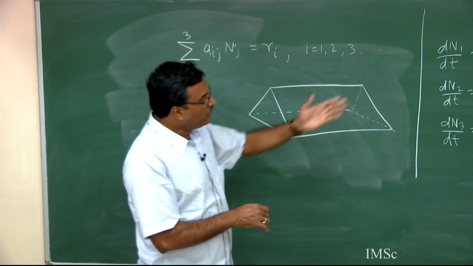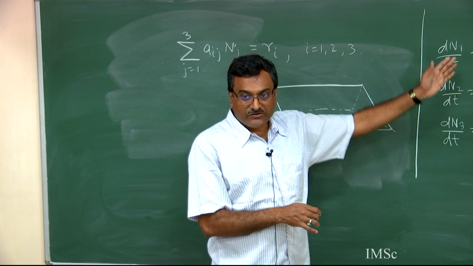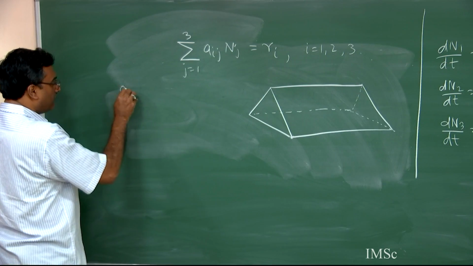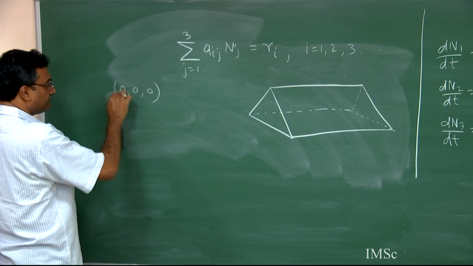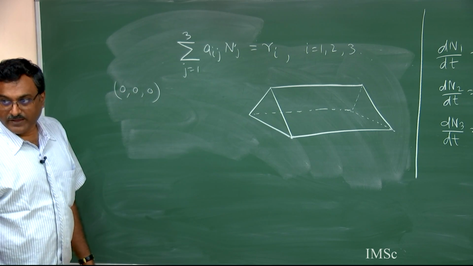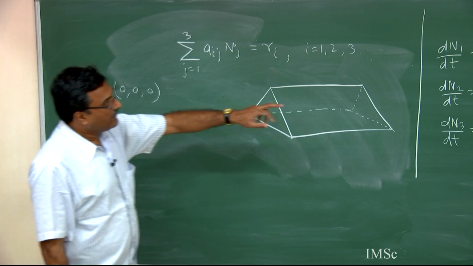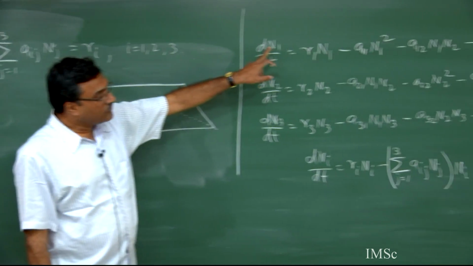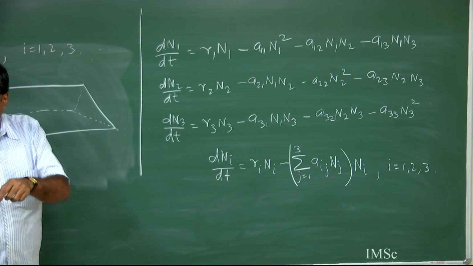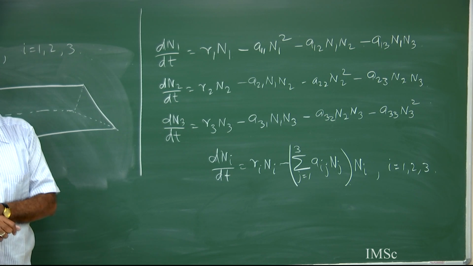Because if you look at this equation, there is a trivial equilibrium point of the form 0 0 0, right? Then there exist 3 equilibrium points on the 3 coordinate axes.